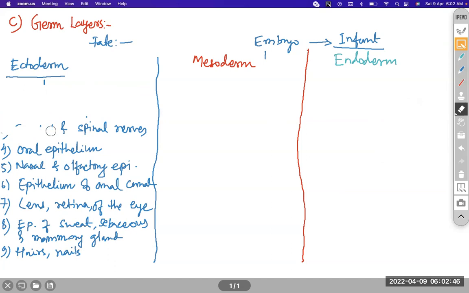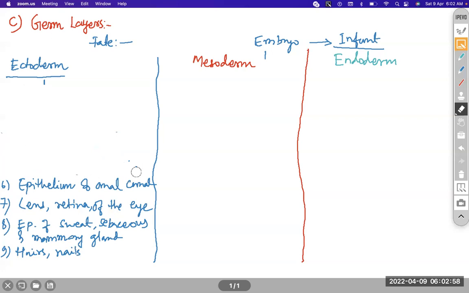एड्रेनल मेडुला, पिट्यूटरी ग्लैंड, एंटीरियर एंड पोस्टीरियर पिट्यूटरी, सीधा लिखो पिट्यूटरी ग्लैंड.